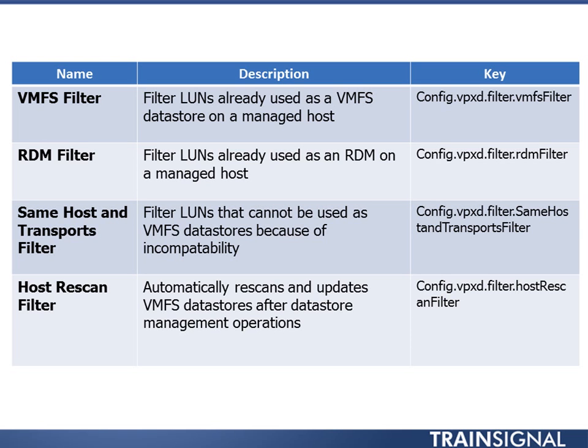The last one is the only one I may turn off. It's called the host rescan filter. If you ever notice, when you add a new data store to vSphere, it automatically tells all the hosts to rescan their LUNs and their data stores, and everybody picks it up. If you turn this off, it says don't do that. So if you're going in there and creating a bunch of data stores or doing some maintenance, you may not want to keep kicking off rescan jobs every time you make a change.